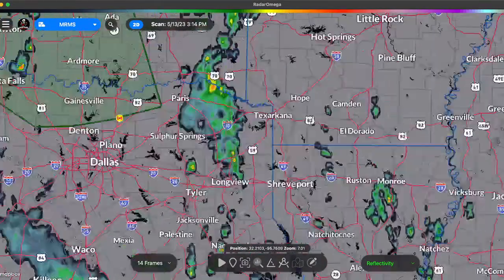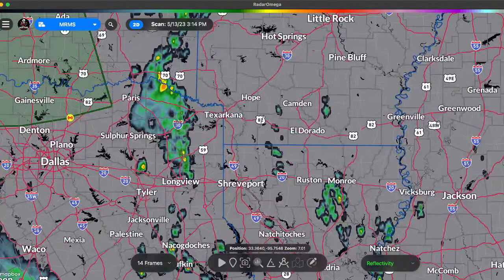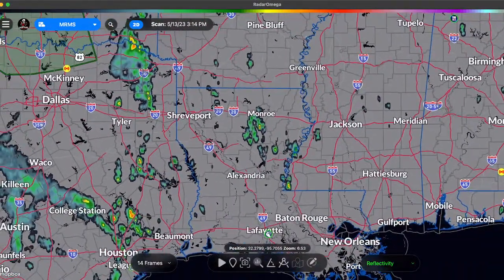Still going to watch these, but I would say that, being 3 o'clock, the only slight possibility of a tornado would be right here as of right now in Oklahoma. These are heavy but not severe.